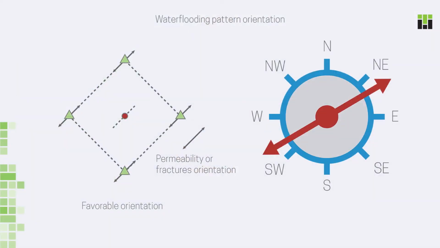Then, our well pattern should account for reservoir features such as dip and isotropy fractures. Thus, if we know that in this region natural fractures are oriented from northeast to southwest, we need to arrange our wells in a way that will prevent an early water breakthrough. In other words, fractures should not be directed from injectors to producers.